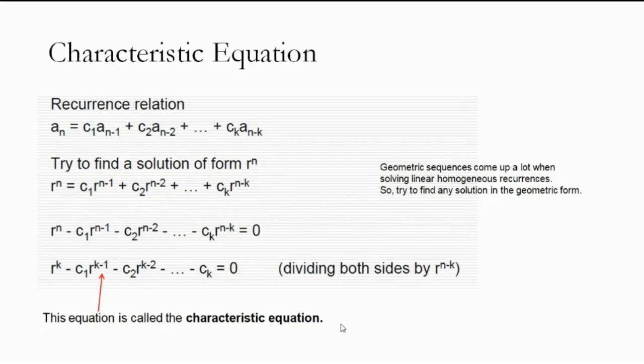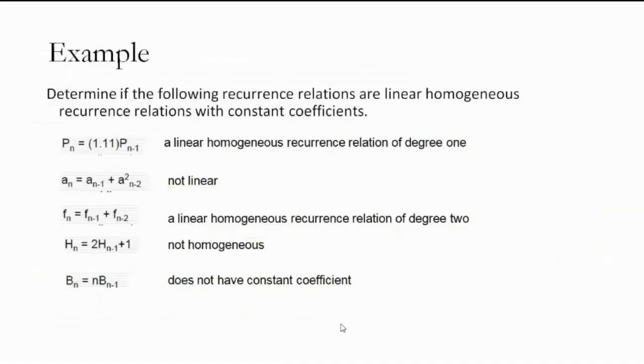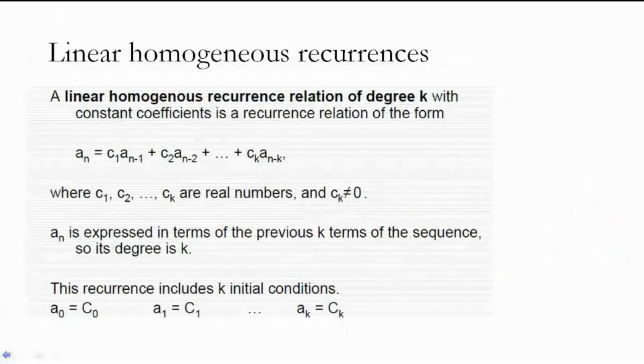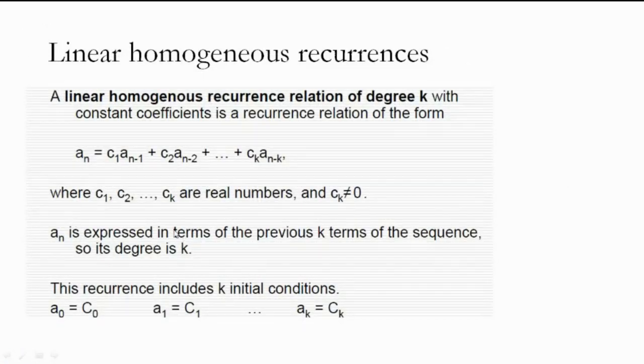Where k is the degree, that means how many previous terms it remembers. K is the degree that we have seen previously, expressed in terms of the previous k terms of the sequence. So its degree is k.